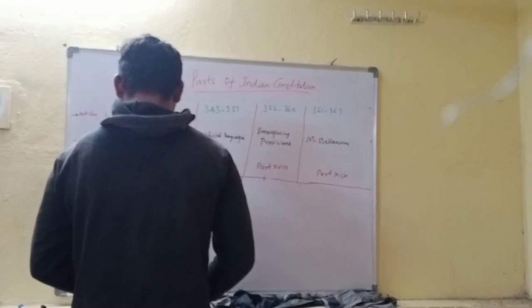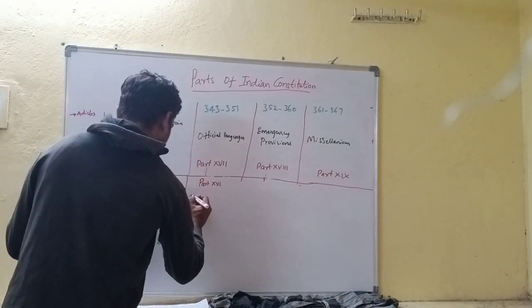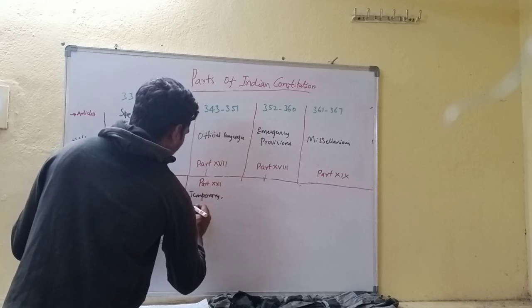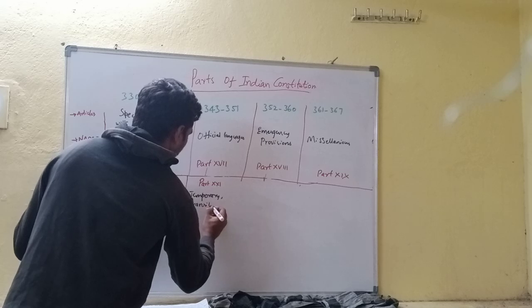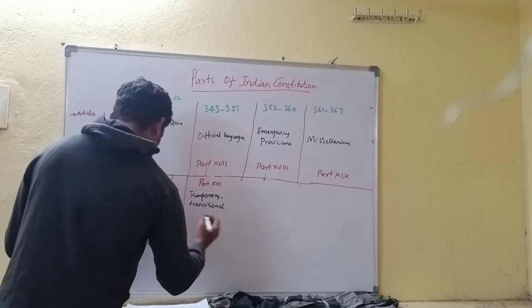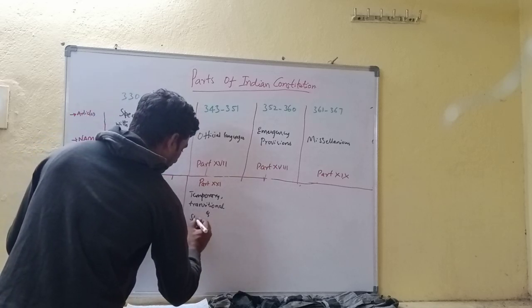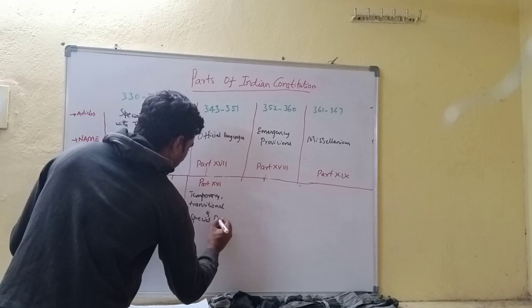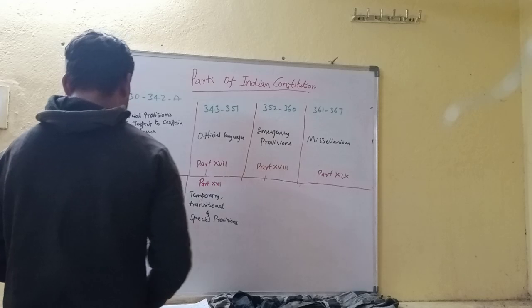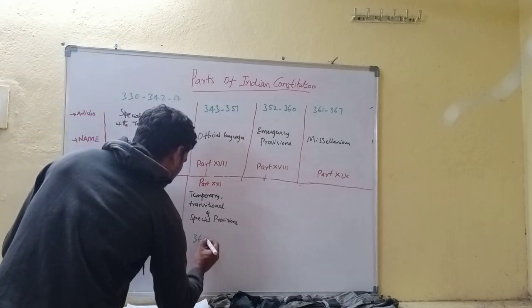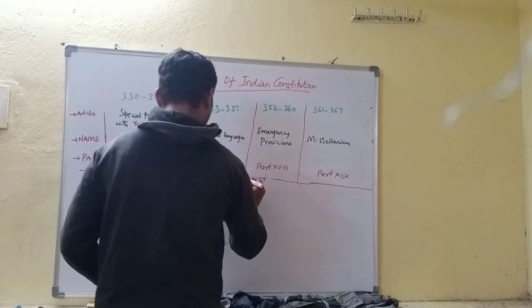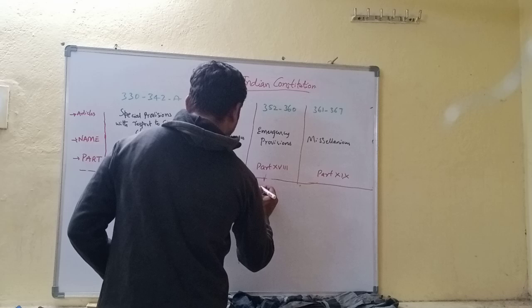Part 21 is about temporary, transitional and special provisions. Articles 369 to 392. Part 22 next.